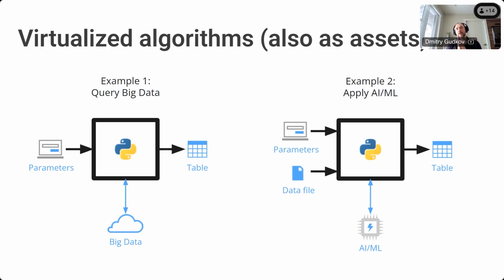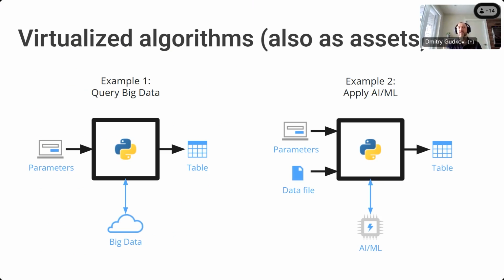Interestingly, this virtualization is also relevant for algorithms. And when we talked about making AI accessible to a broader audience in your organizations, this is exactly how this can be done, where algorithms, machine learning and AI models can be abstracted away as computations or as workflows.